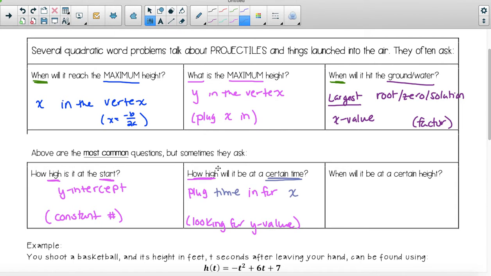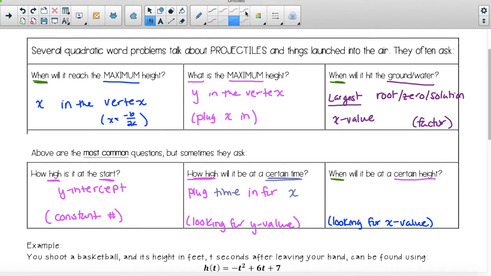They might also ask, when will it be at a certain height? So again, when means x. So you are looking for the x value here. That certain height means it'll give you the height.